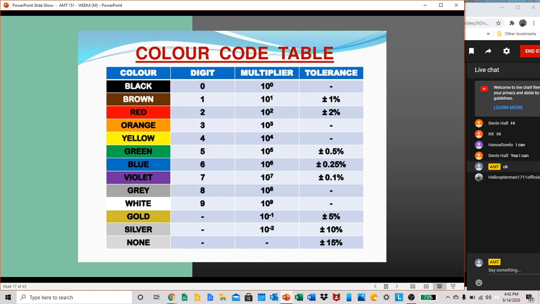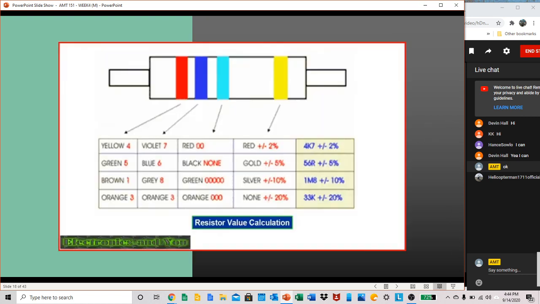So if you have a black band first, your digit is going to be 0. If you have a brown band second, your digits are going to be 0, 1. And say you have a red band third, your multiplier is going to be 10 to the second power. If you have a red band last, then you're going to have a tolerance of plus or minus 2%. And then we go through how to multiply this equation out.